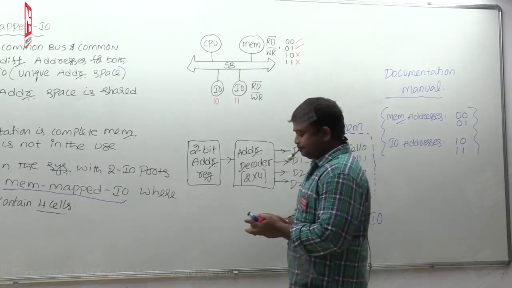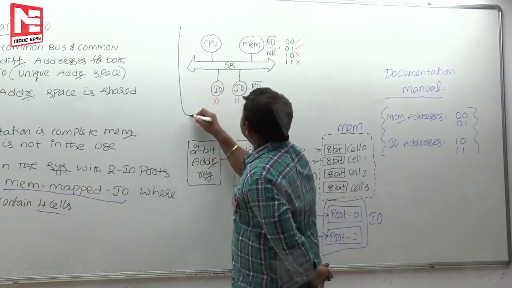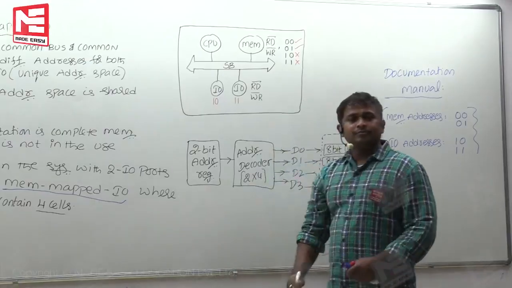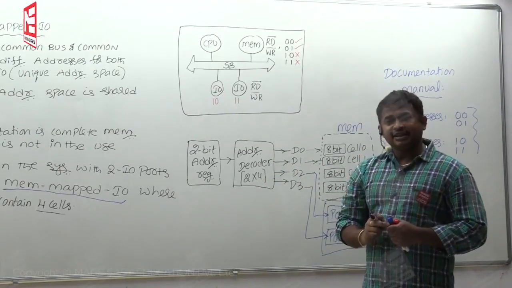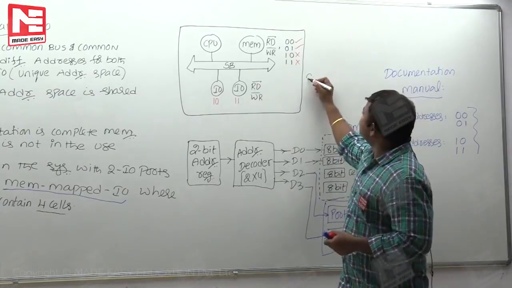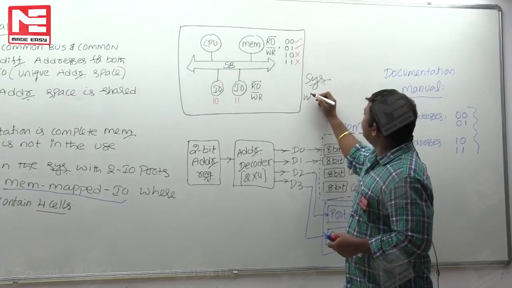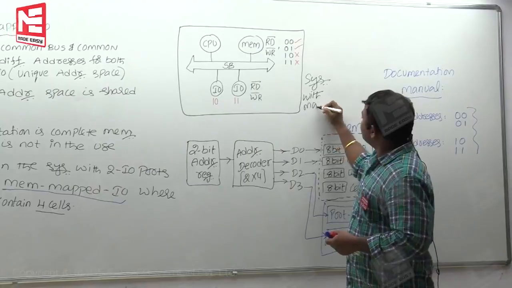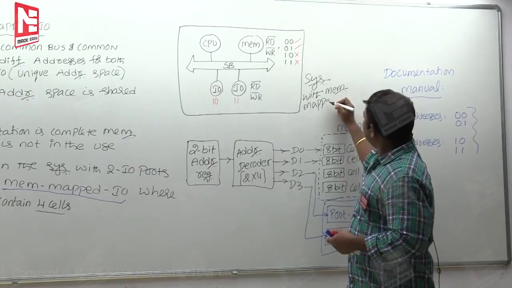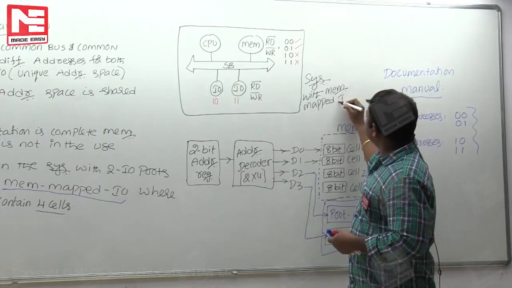Like this, memory addresses are shared to I/O port. So I/O is a part of memory space. This is a system with memory mapped I/O. Is it clear?